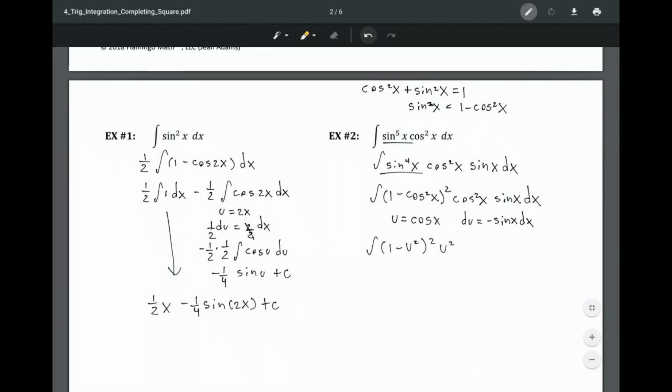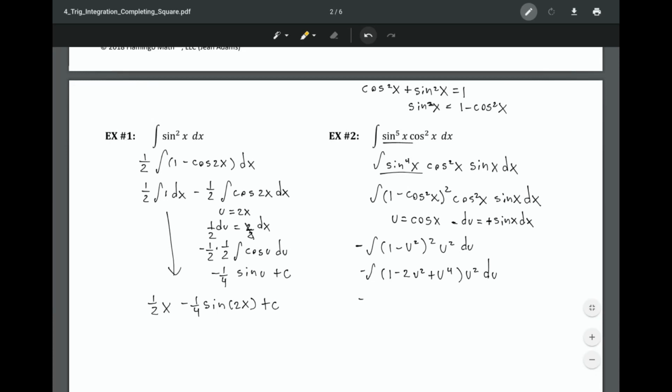This is going to be u squared, and sine of x dx, well, if I put a negative over here and I make that positive, I guess I can put the negative all the way out here. That's just going to be du. Okay? And before I integrate anything, I'm going to go ahead and expand this and distribute and whatnot. So this is going to give me 1 minus 2u squared plus u to the 4th. All right, so again, I'm just foiling at that point. All of that times u squared du.